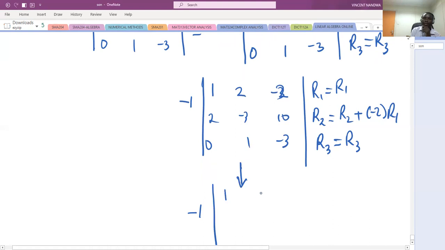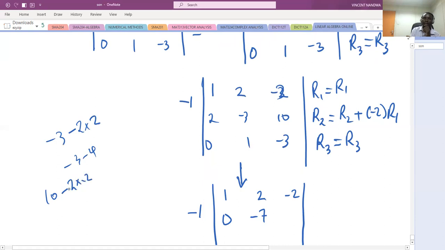So 1, 2, minus 2. The 2 plus minus 2 times 1 is 0. Minus 3, minus 2 times 2, so minus 3 minus 4, minus 7. And then 10 minus 2 times minus 2, I have 10 plus 4, which is 14. And then this one is 0, 1, minus 3.